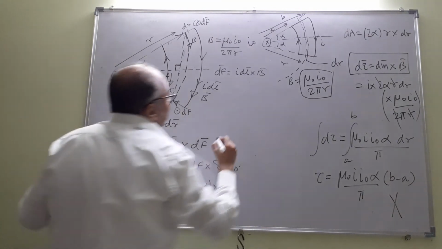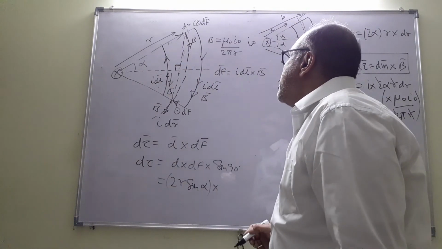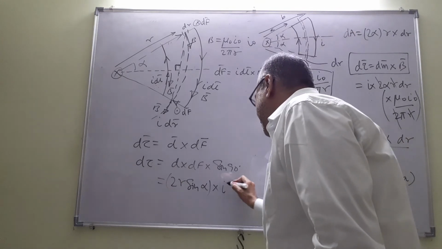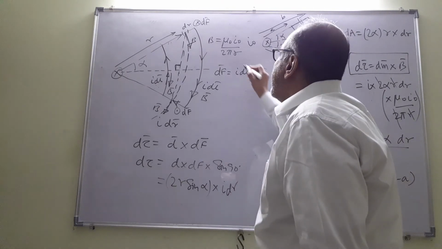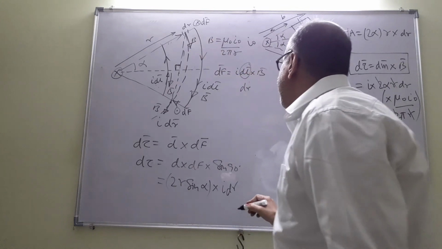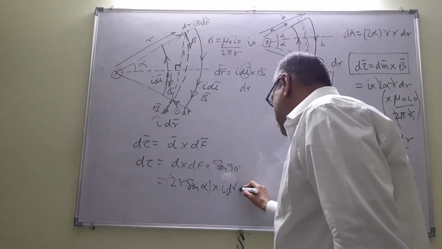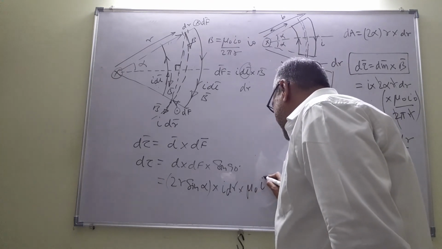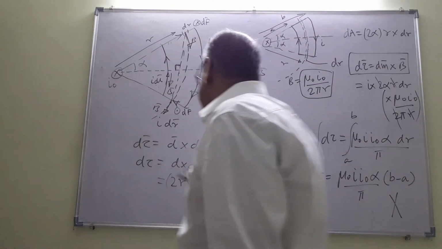dF is IdL cross B, that is I, dl is nothing but dr. B is mu naught I naught by 2 pi r, where the current is I naught.